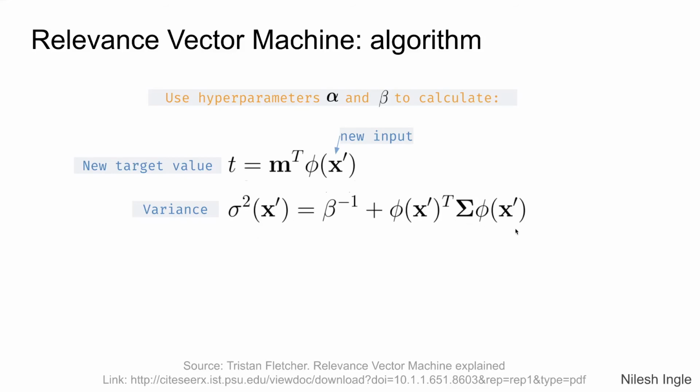So I hope in these couple of slides you got some intuition about how the Bayes theorem is used in machine learning, especially in the case of Bayesian regression or the relevance vector machines.